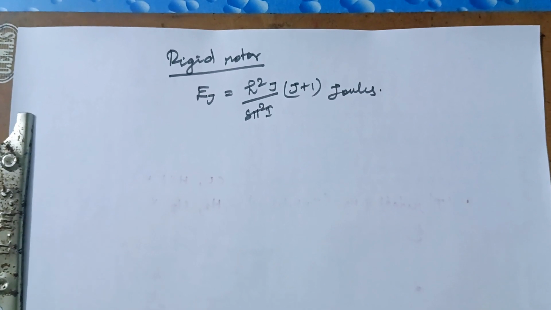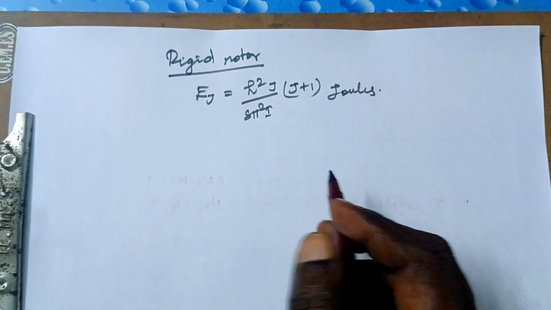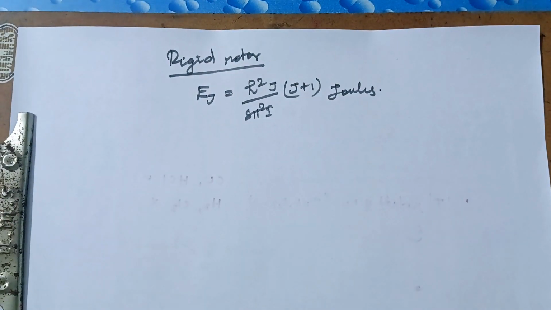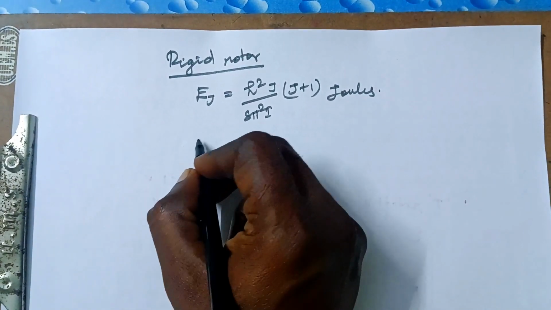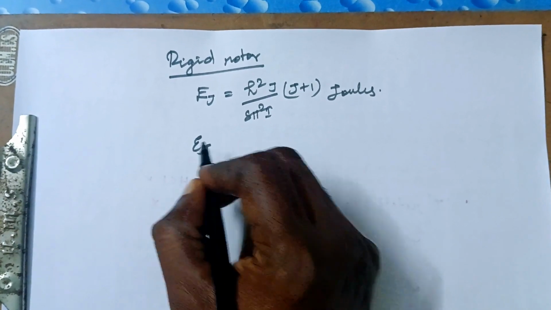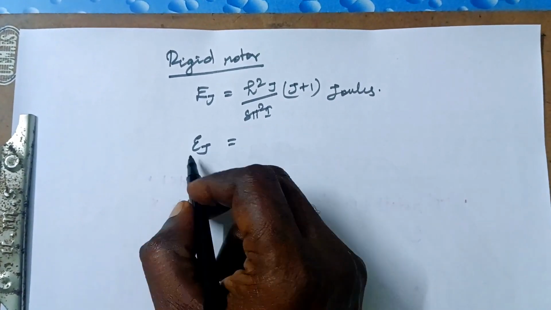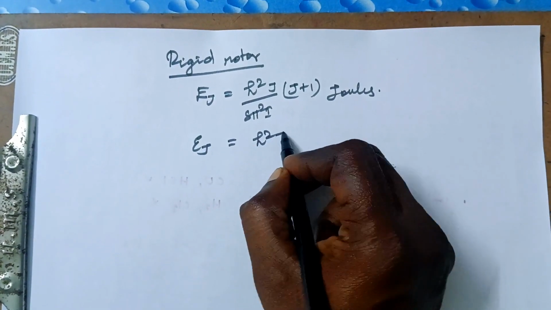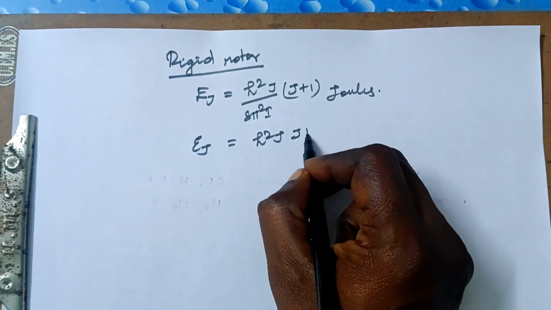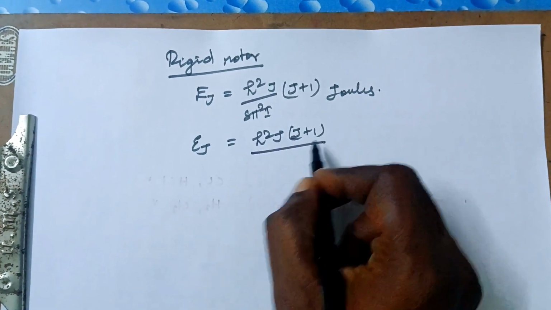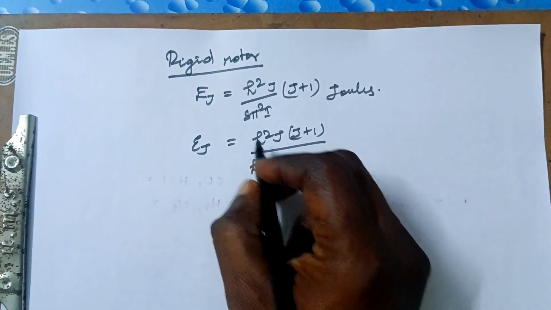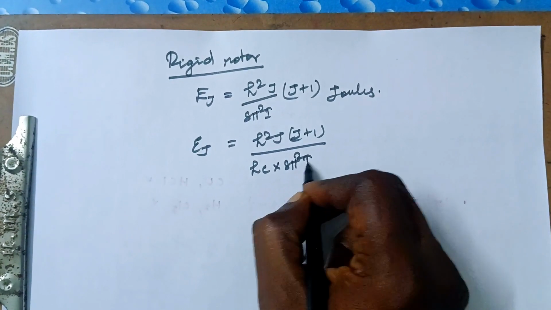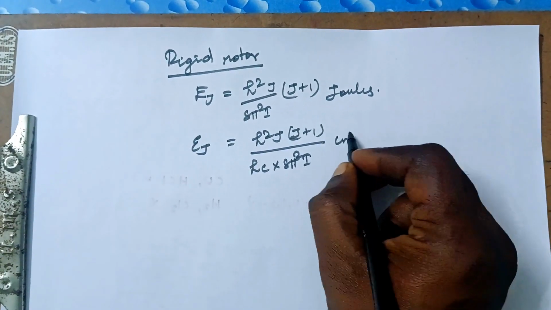In spectroscopy, it is customary to use per centimeter instead of joules. For that, we need to divide everything by hc. To distinguish joules and per centimeter, let us use epsilon. So h squared J into J plus 1, divided by hc into 8 pi squared I, per centimeter.